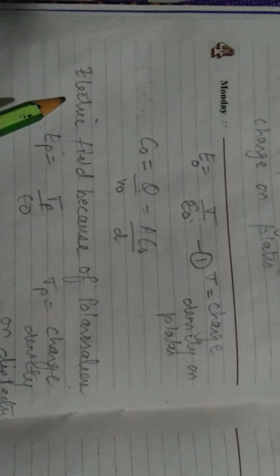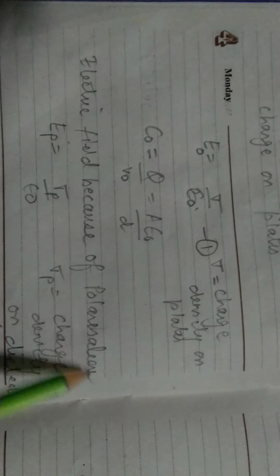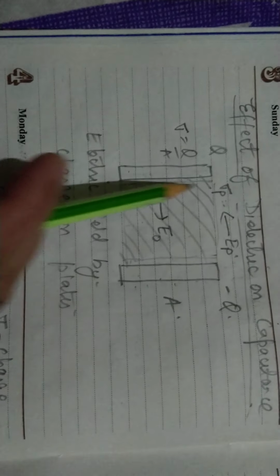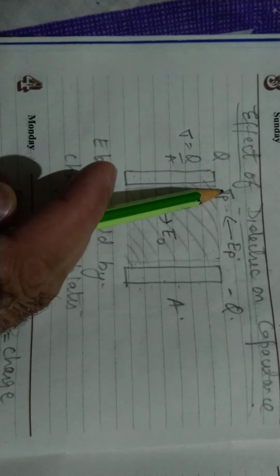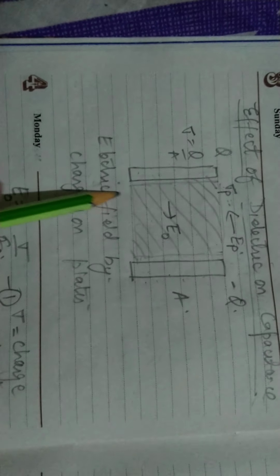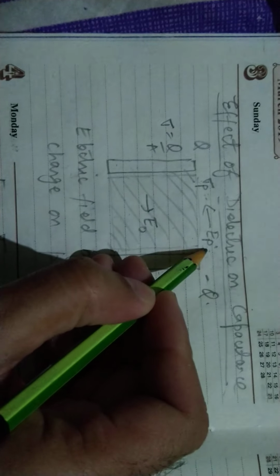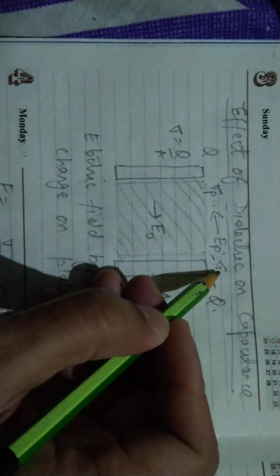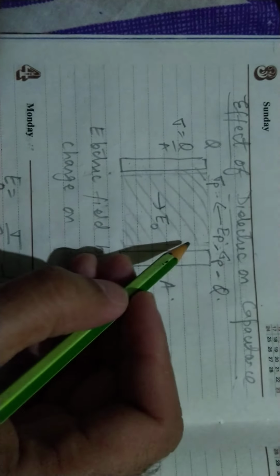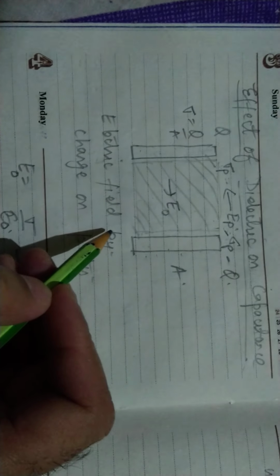Now the electric field because of polarization will come into the picture, because we have applied a potential difference across these plates. The dielectric will polarize, and charge density sigma P will appear on this face and negative sigma P on this face.